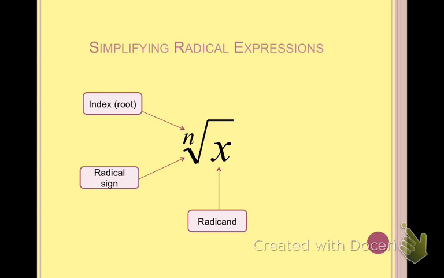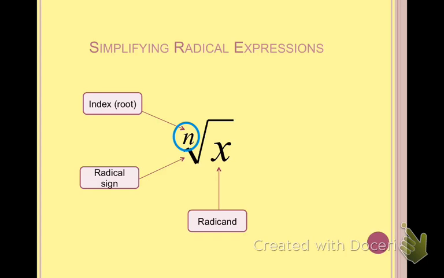So in this particular slide, we're just defining some notation. This letter n here shows us what the index or the root is.